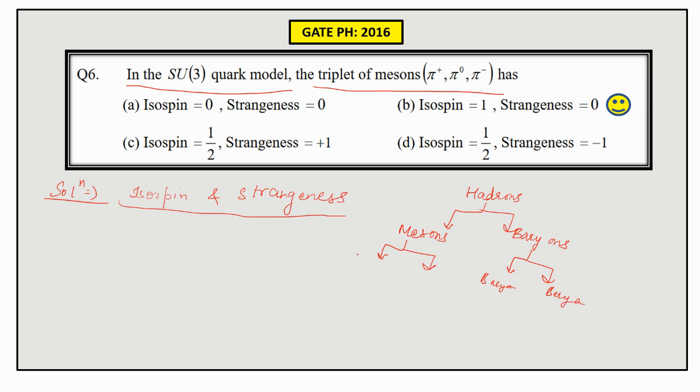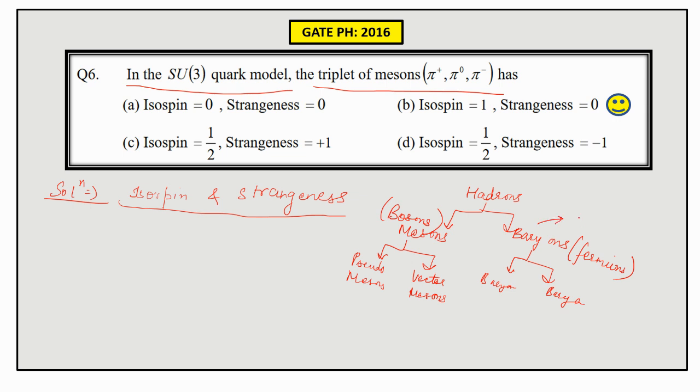The other one is pseudoscalar mesons and vector mesons. So they are fermions and they are bosons, right?